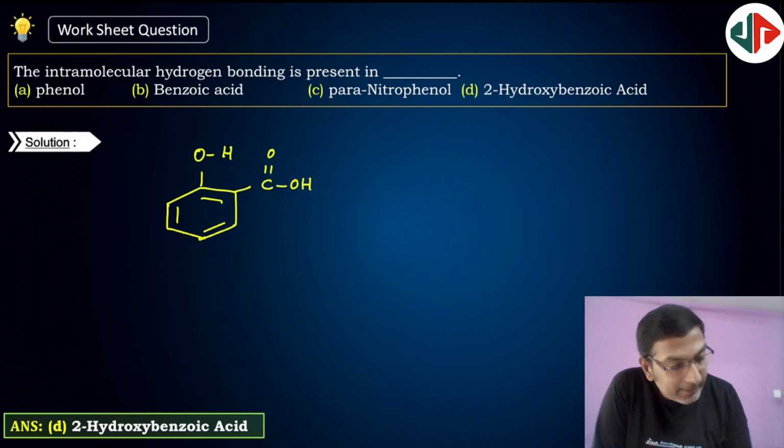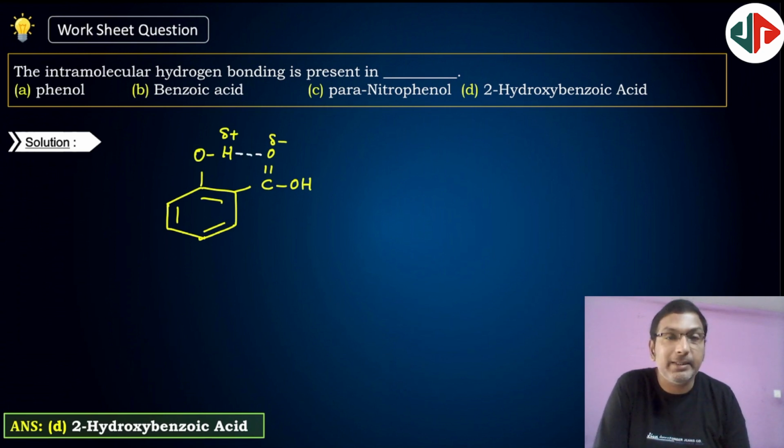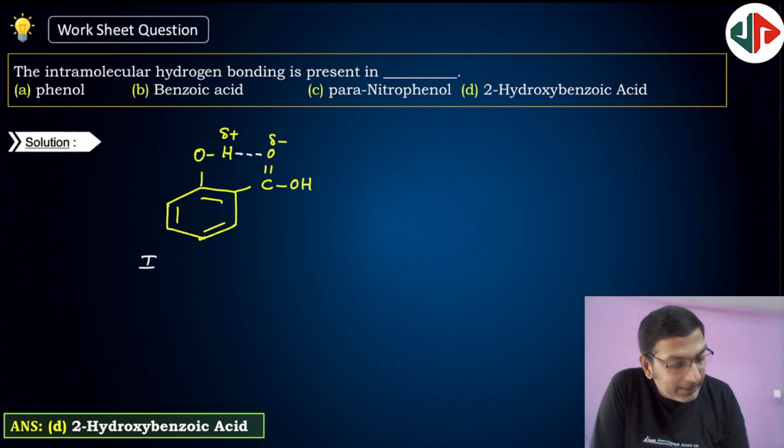Here delta plus and delta minus. Between these two, hydrogen bonding is present. So this will be intramolecular hydrogen bonding.